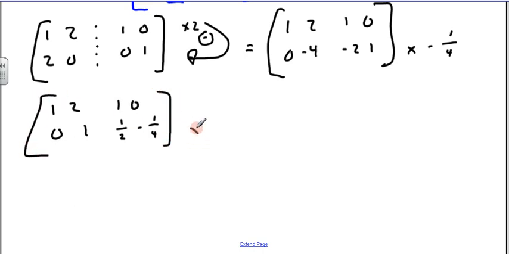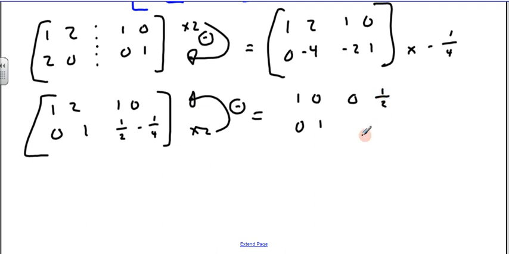Okay, we're going to go times 2. And then we're going to do a subtract. And we're going to get 1, 0, 0, 1 times 2. That's a 1. We subtract it from 1, we get a 0. Times 2, it's a minus 1/2. We subtract it from 0, we get a positive 1/2. 1/2 minus 1/4.